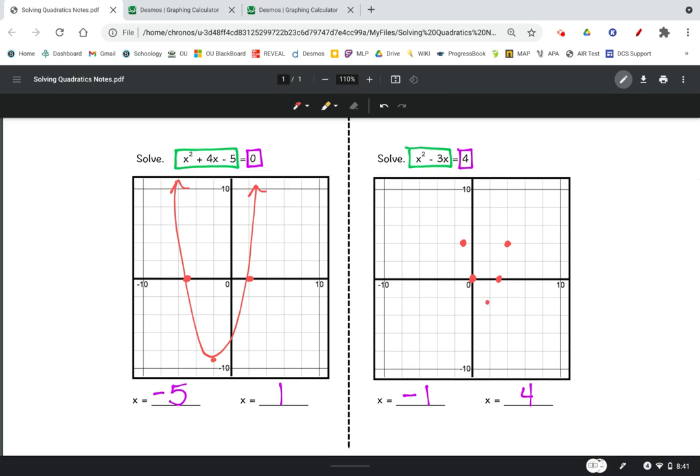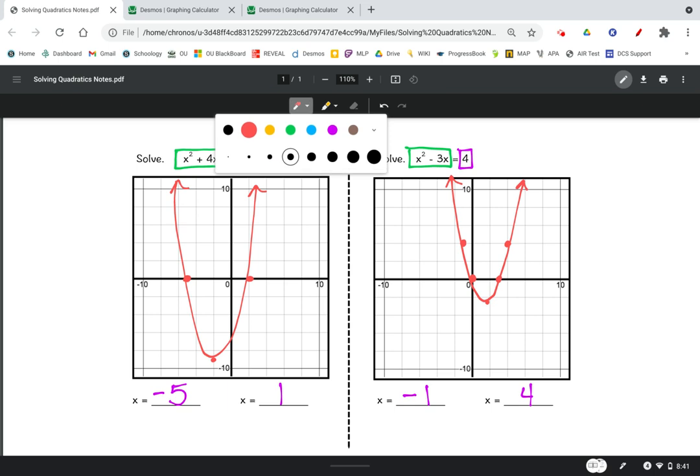So it's going to be right here. So again, not a perfect graph, but perfect enough. And I didn't do it on the first one, but you'll remember that there was that line across. For this one, that line across was at 0. For this one, that line across was at 4.